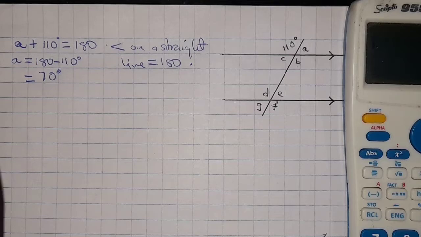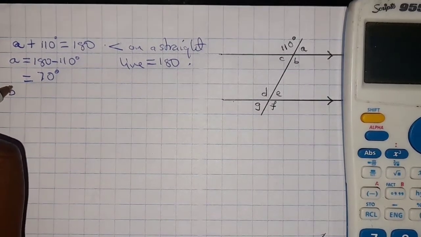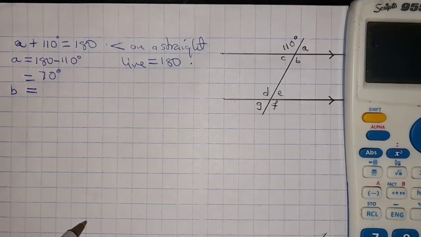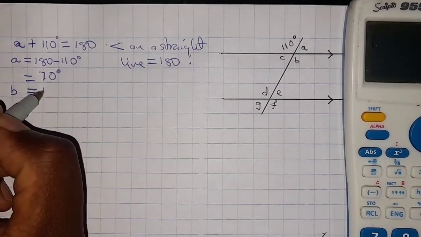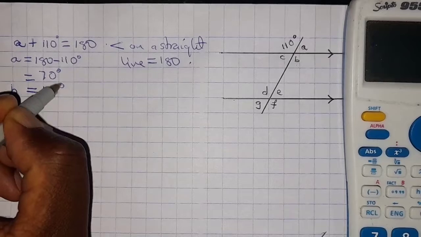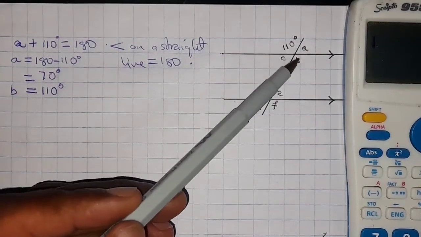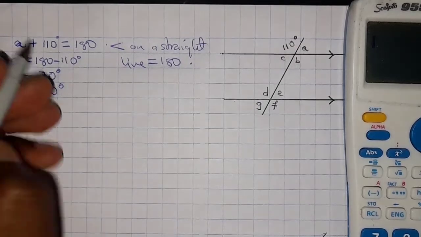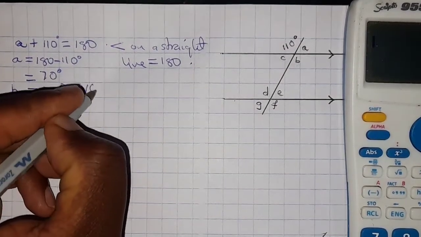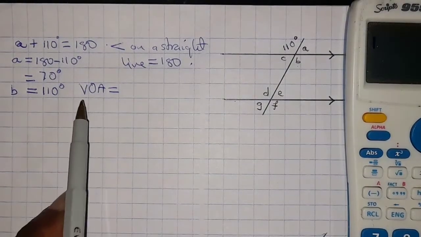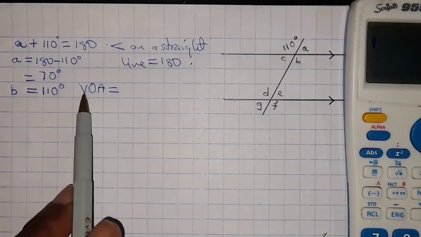And then we go to B. B is equal to what? We don't need to calculate B here. B is equal to 110 degrees because they are vertically opposite angles. Vertically opposite angles are equal. This is our reason.